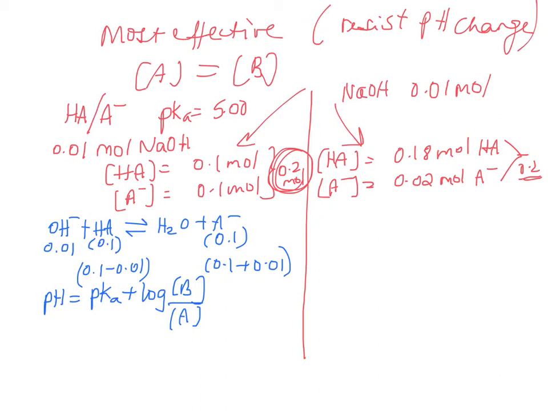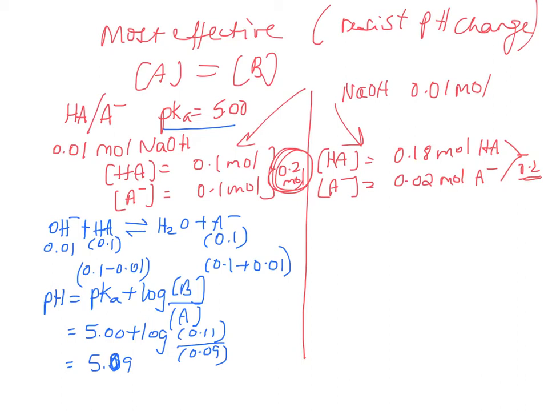If I have to determine the pH of this solution, the pKa is 5, which was given to me. Base is 0.11, acid is 0.09, and when you work out the value, it comes out to be 5.09.